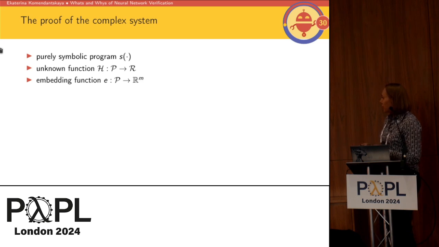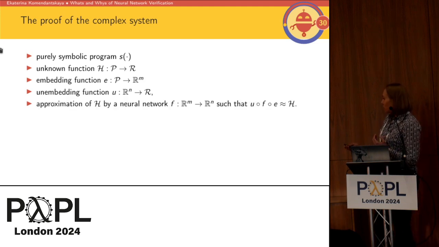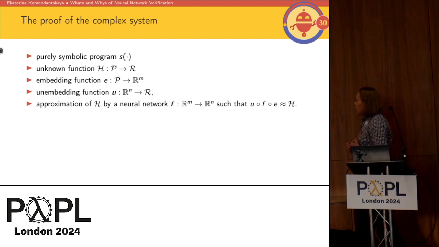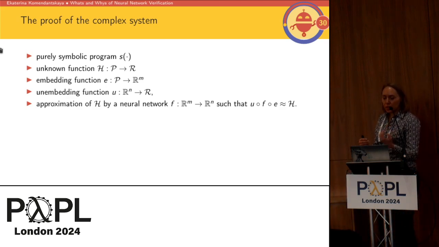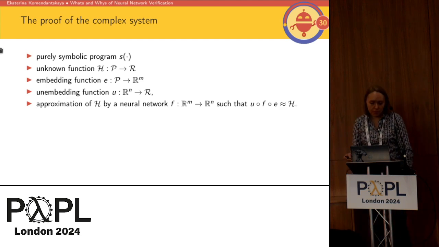So we have an embedding function from P to real vectors, and we have an unembedding function from real vectors to R, so that we could somehow relate our neural net to the ideal black box function that we're trying to model. So we're thinking that our neural net, f from Rm to Rm, somehow approximates the ideal control or whatever your h is. And so, if you compose them, you basically should more or less have an h.